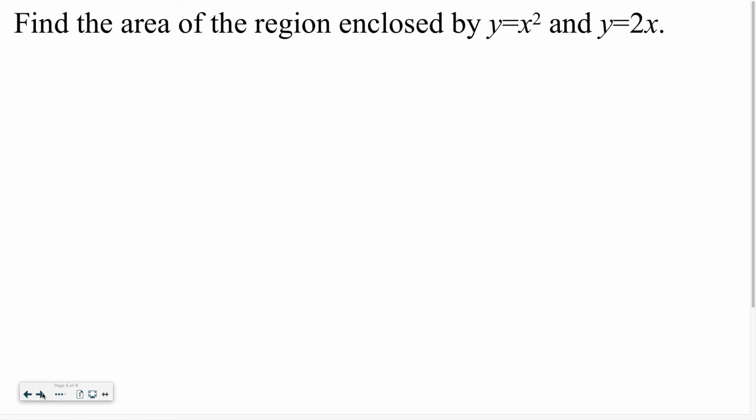And then draw those 2 graphs. Write those down and then draw those 2 graphs.